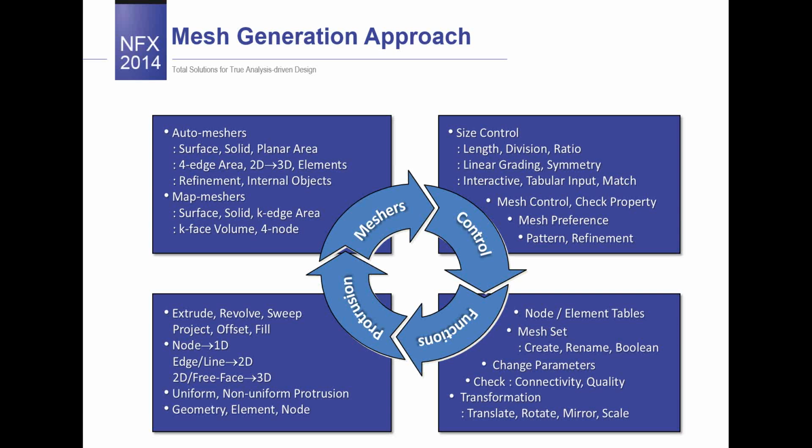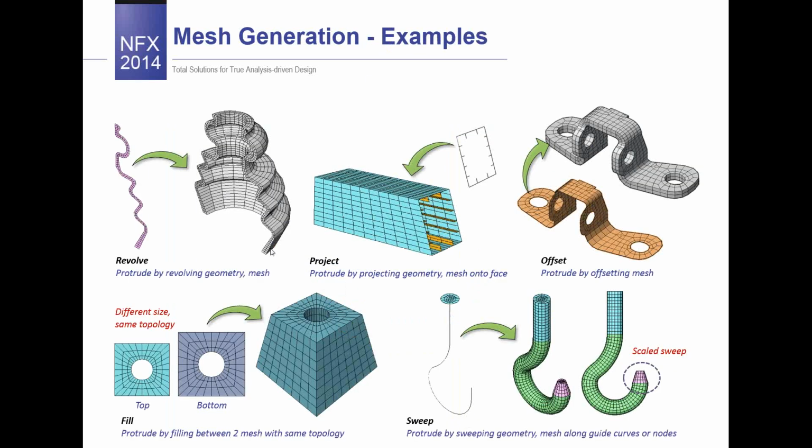We can check the property of the mesh. We can create mesh sets. Some kind of groups can be created. We can group the nodes into tables, connect, disconnect nodes, and similar to the geometry, we can also protrude, revolve, and sweep the mesh from 1D or 2D and create 3D objects.